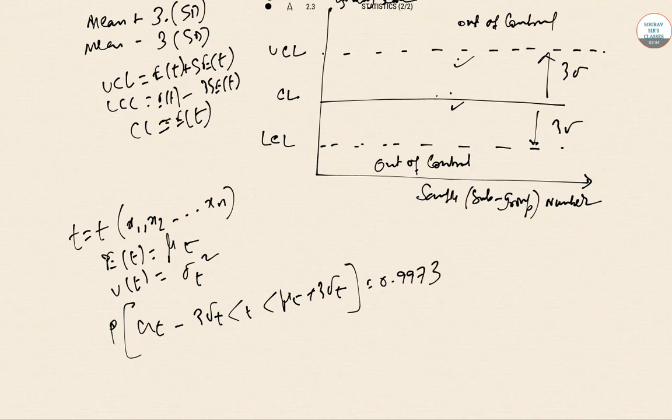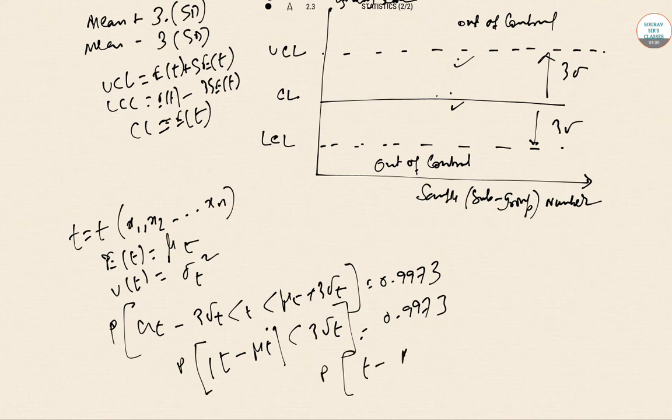0.9973. Okay, so from this, the probability of modulus of t minus mu t less than 3 sigma t equals 0.9973. Now the probability of modulus of t minus mu t greater than 3 sigma t is equal to 0.0027. Remember that I have changed from less than to greater than, so this is also 1 minus 0.9973.